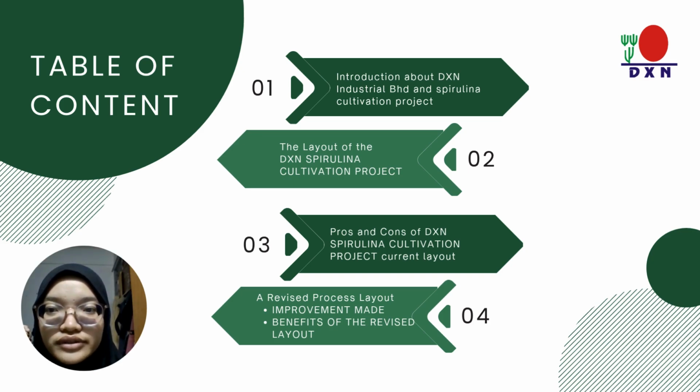Okay. First we start with the table of contents. Firstly, we will introduce DSN Industrial Berhad and the Spirulina cultivation project. Second, the layout of the DSN Spirulina cultivation project, and we will explain the process of making spirulina in DSN Industrial.